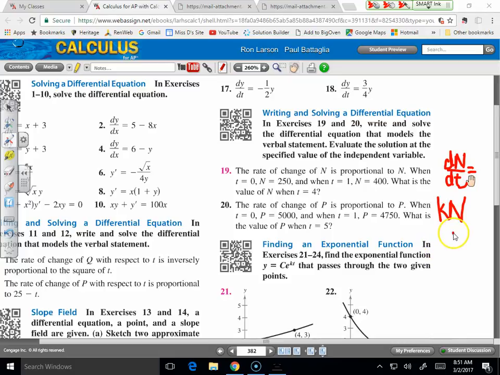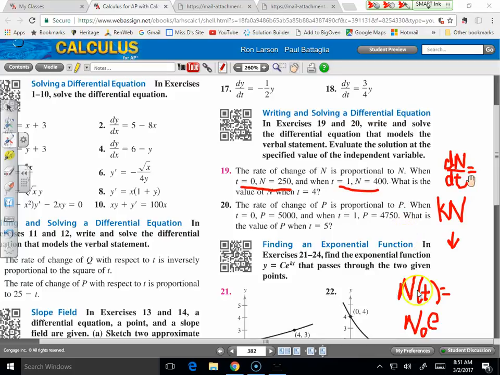The cool thing is, maybe you guys can see, hey, that's just exponential growth, so maybe you can jump ahead and say n of t is equal to, instead of y sub naught, n sub naught e to the, can you guys tell if it's growth or decay? How do you know it's growth? The amount goes up, good.